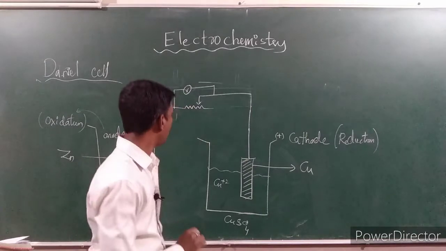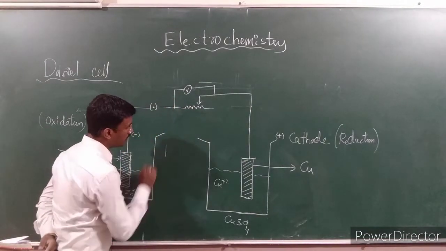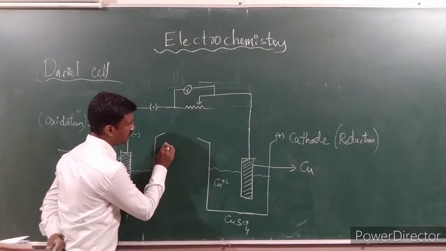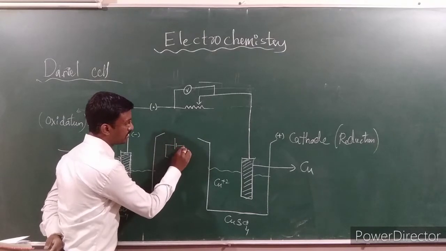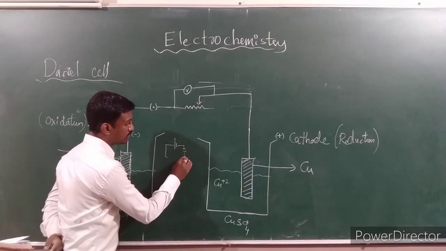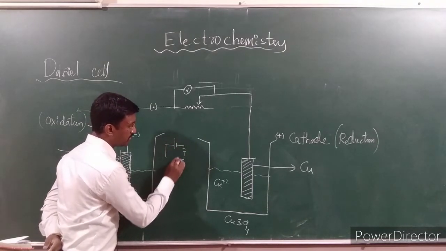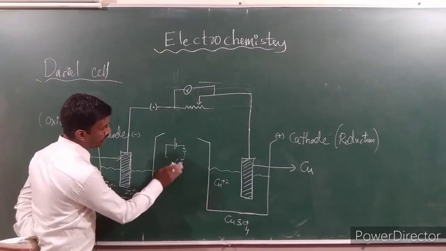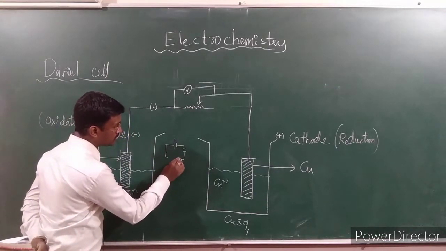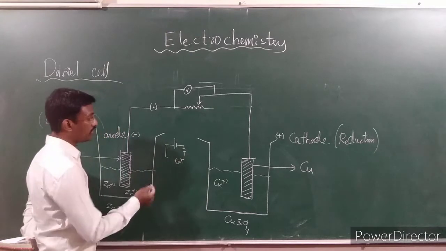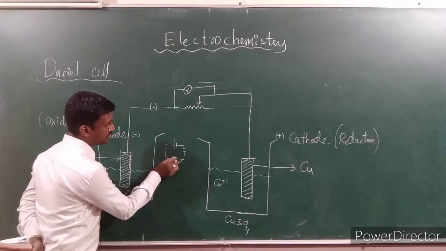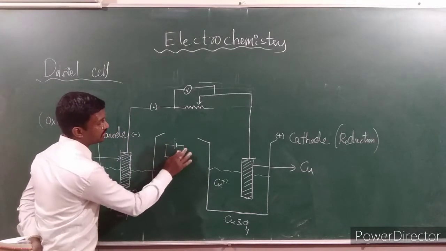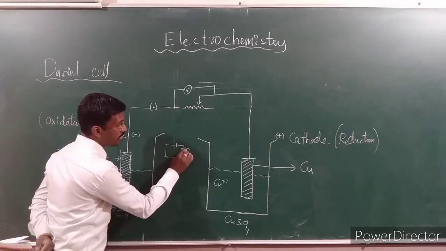In physics we know that in a circuit the battery is present, the plug key is present, and some bulb is present. To make the bulb glow, the circuit should be connected, which means the plug key should be on.